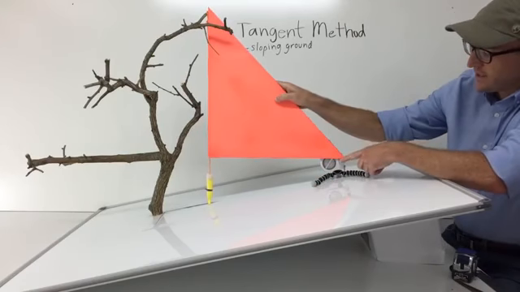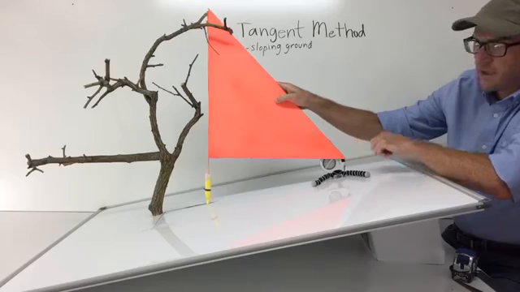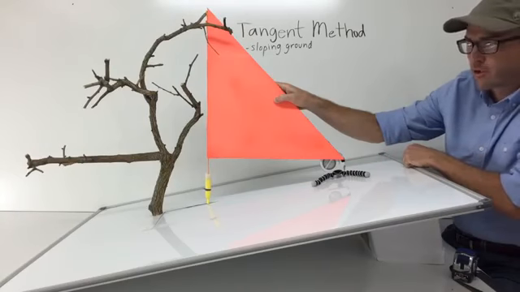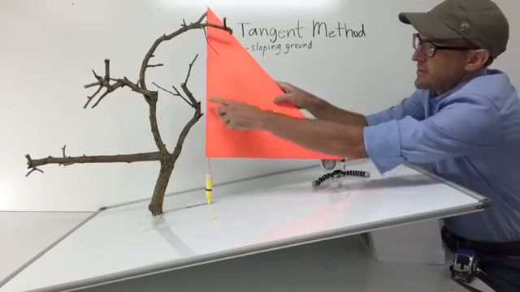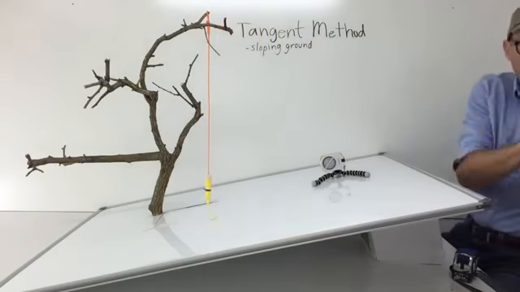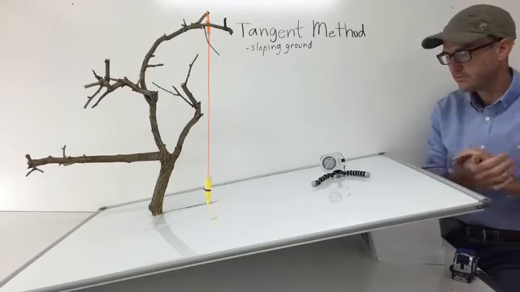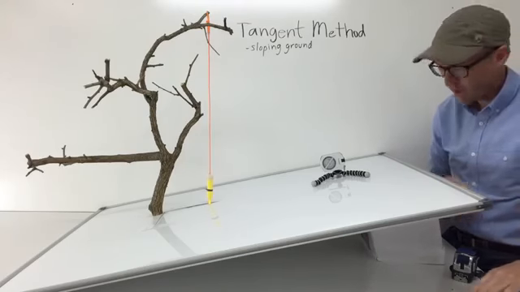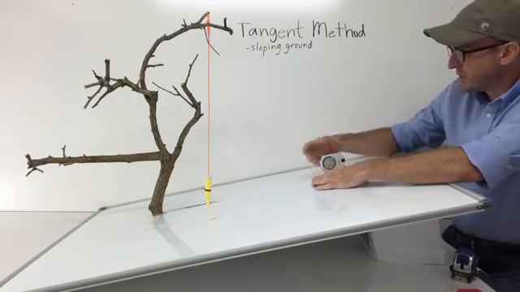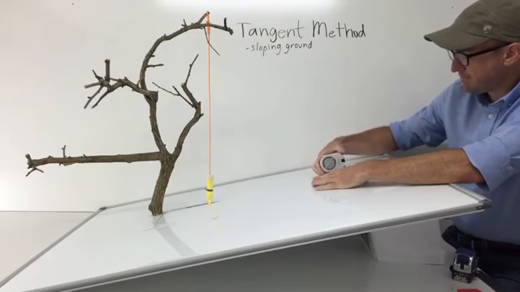And then we need to take an angle measurement to the top. And then from there we can use a tangent formula to find that opposite side, to find out that height above eye level. So in this case, we need to go ahead and take an angle to the top.